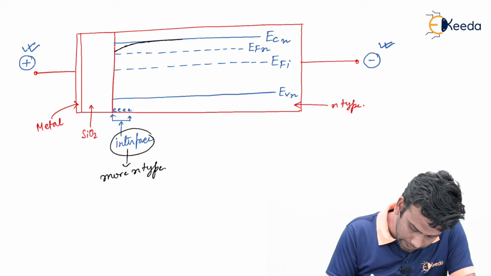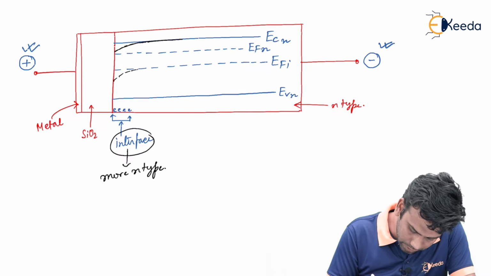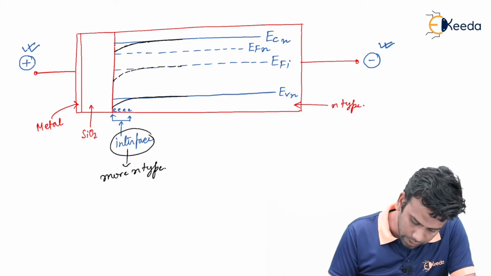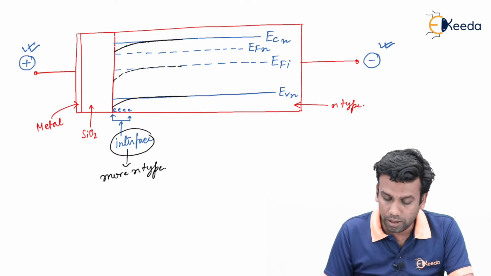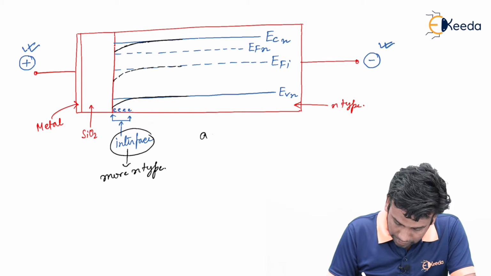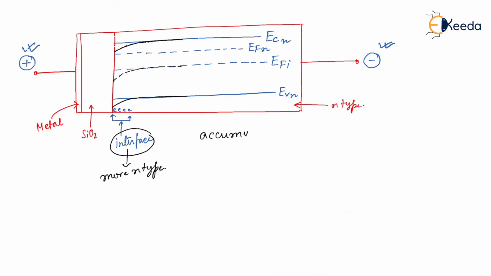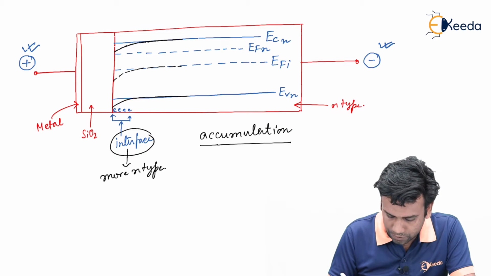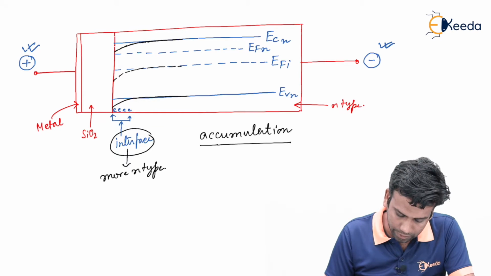That's why the EFI will also move downwards in this fashion, and the EVN will also bend downwards in this fashion. So this type of band bending will occur during the accumulation mode of N type substrate MOS capacitor.